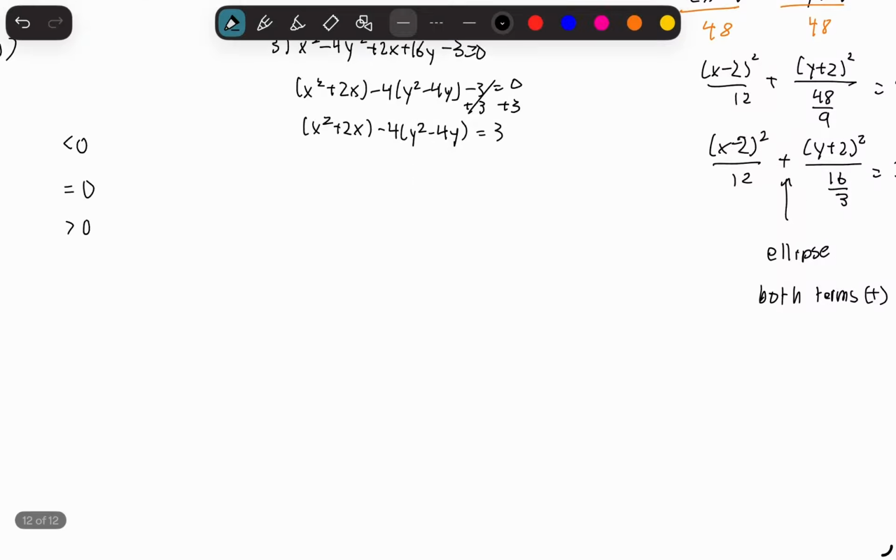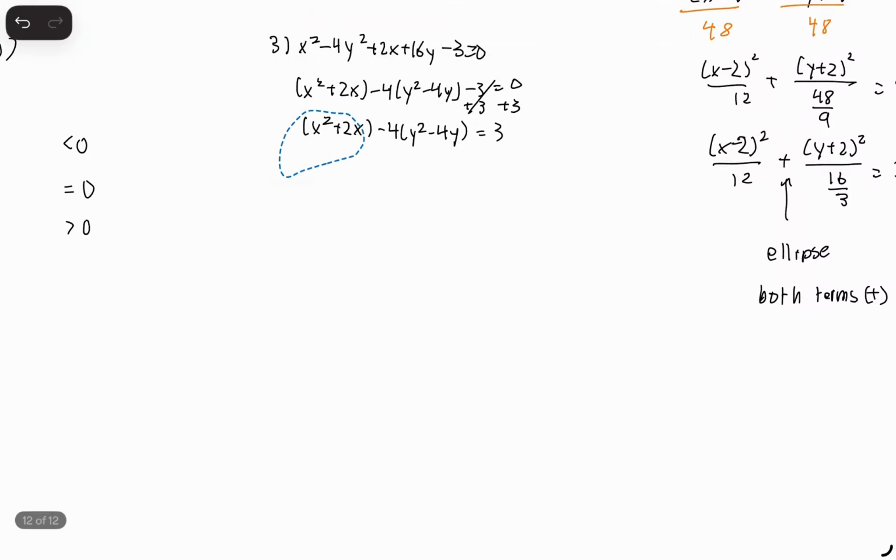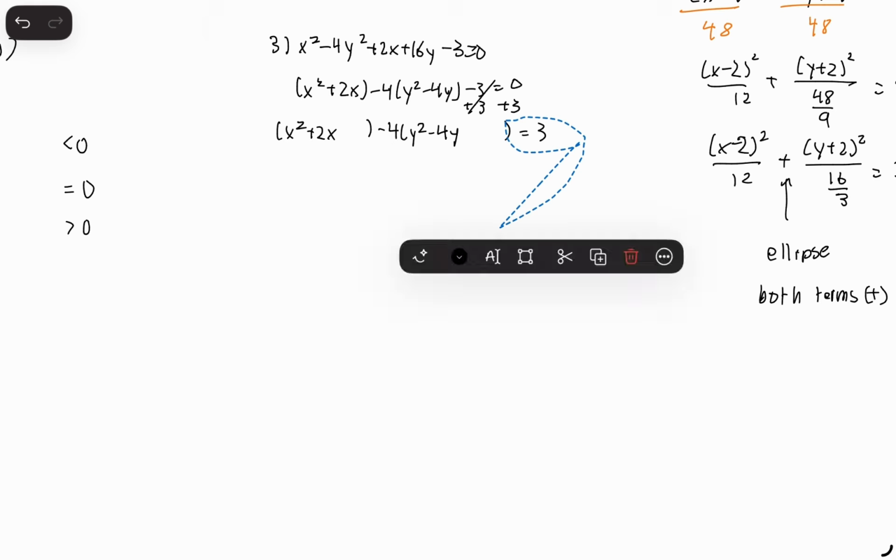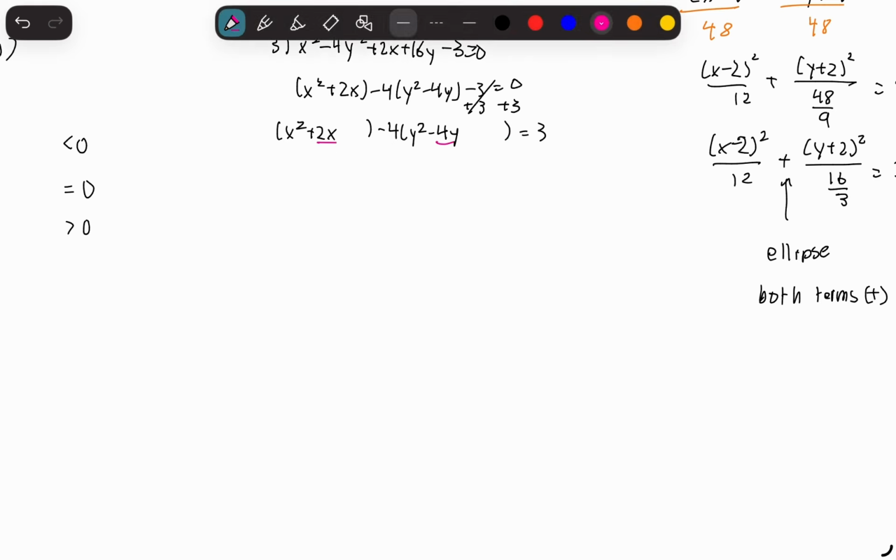So now after this, we're just going to complete the square. Let me make a little bit of room for that. So take this, you're going to take 2 over 2 squared is equal to 1, and negative 4 over 2 squared is equal to 4.